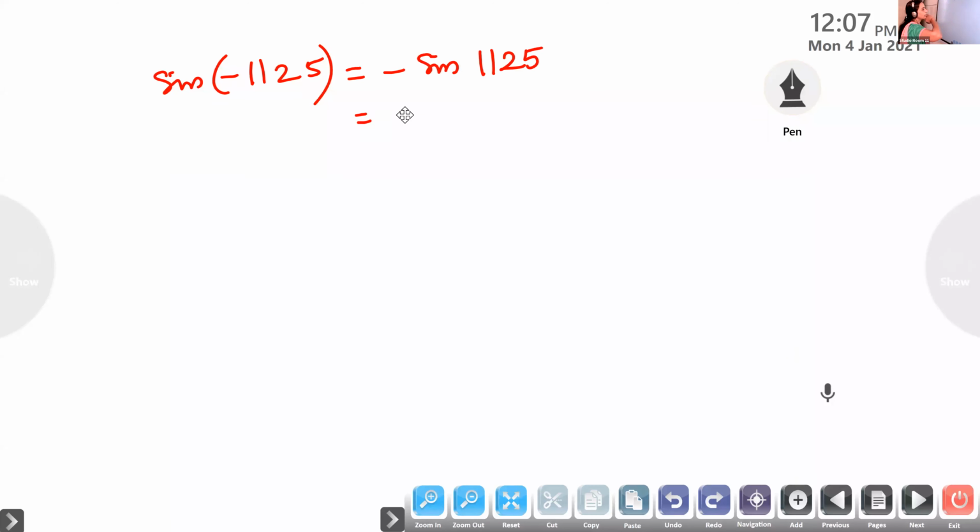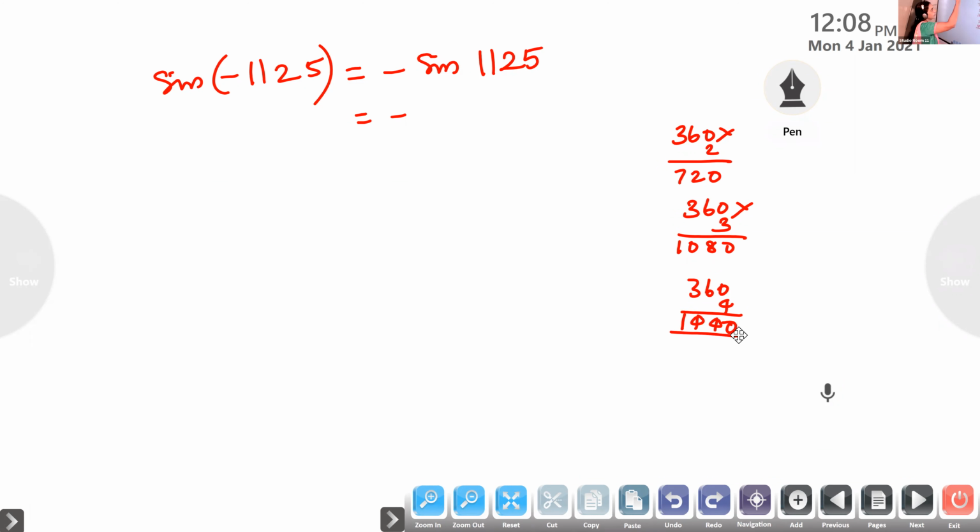So 1125, how can we write? 360 into 2 is 720, isn't it? 360 into 3 is 1080. 360 into 4 will exceed, it is coming very big.